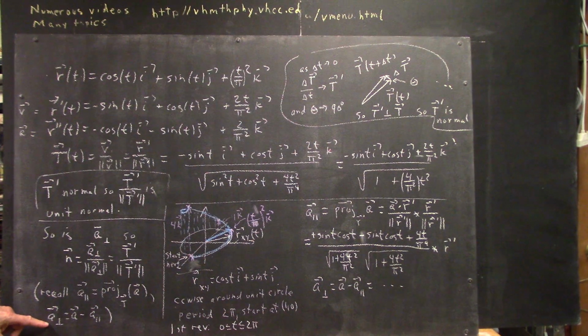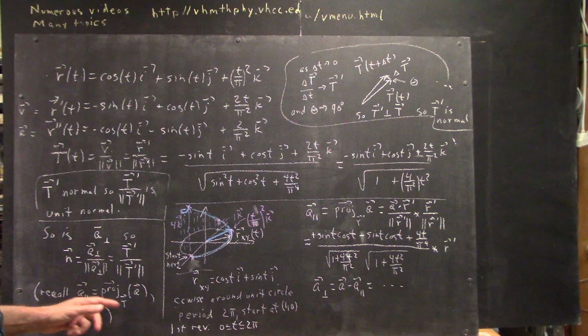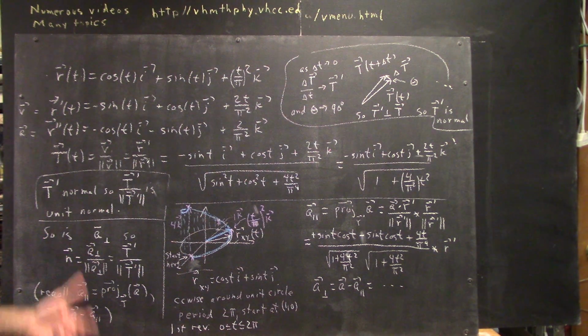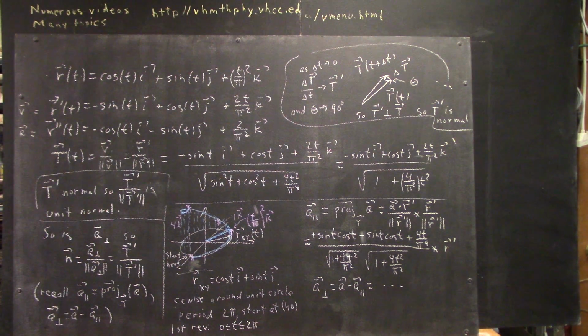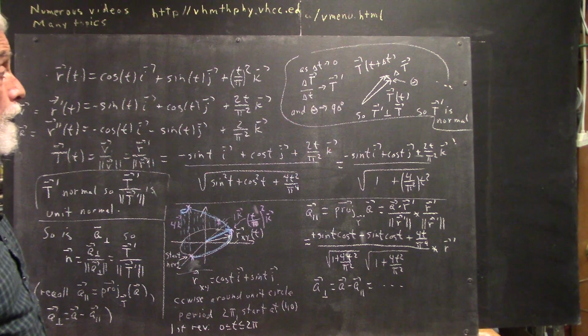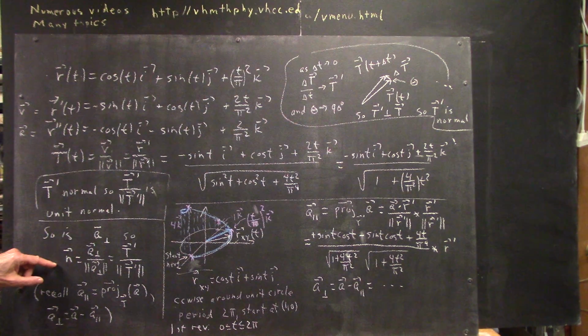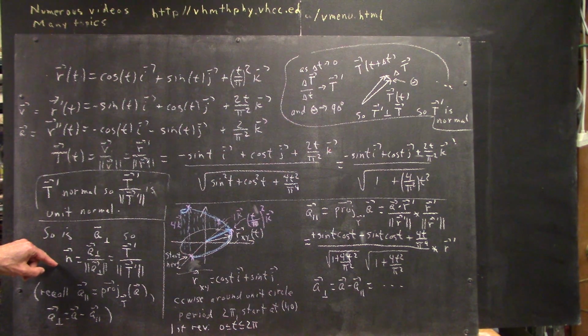So here's your perpendicular component of the acceleration. Make sure you completely understand that. Also make sure you understand why I'm talking about a projection here, and remember how we do projections. Very important operation, and not that difficult to understand. Okay, so that's another way to get our unit normal vector.